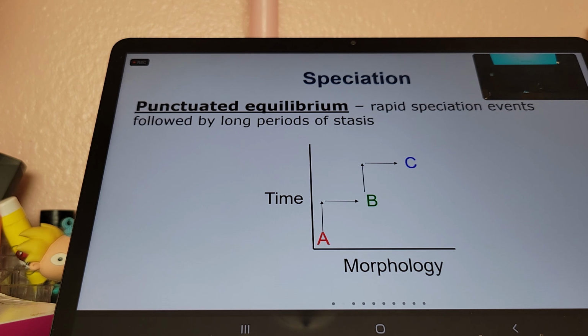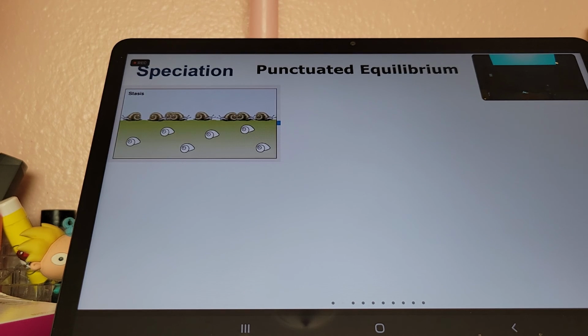Here's an example with some lovely snails of punctuated equilibrium. So you have a snail species here, right? The living snails are on the ground surface. The remains of those that are deceased, you can see them below the ground surface. So those are the fossils that they would leave behind. Essentially, their shells would fossilize.